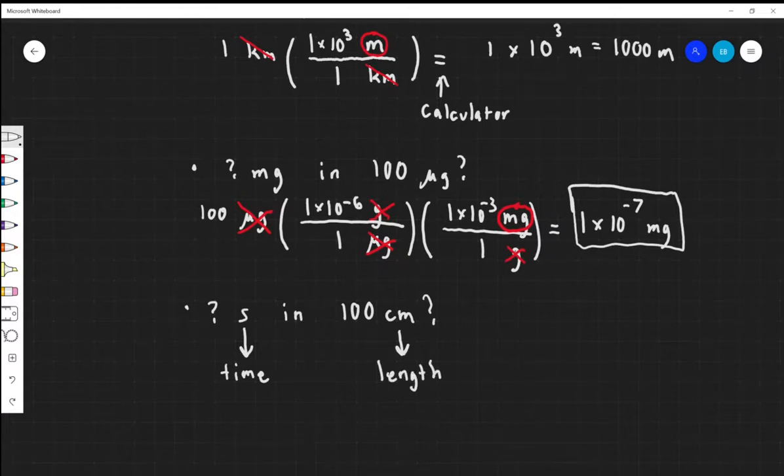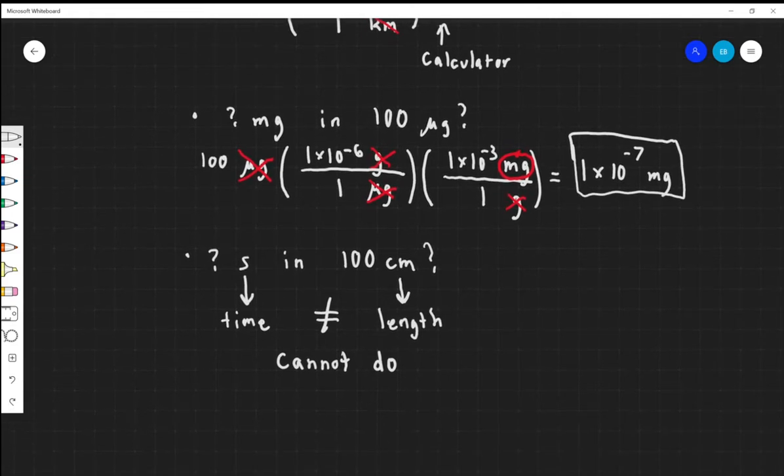And I know that a length and a time cannot be equal. So this is not a physical conversion. I cannot do this. These are things we always have to keep in the back of our minds. Is something physically possible? Is a conversion physically sensible? Sometimes it might not be, so you just can't do it.